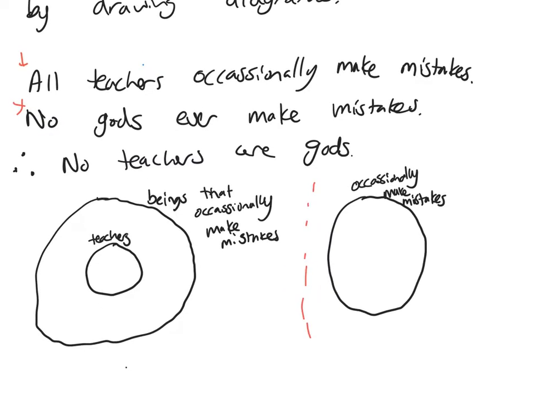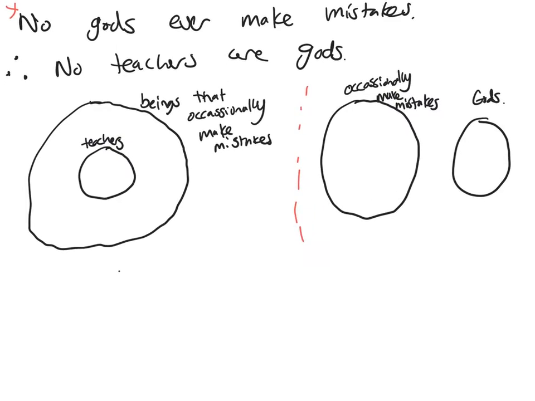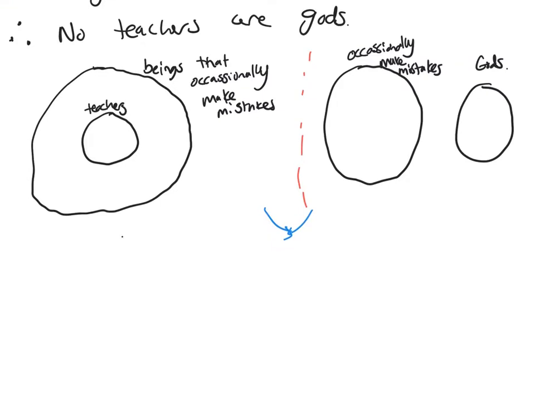Gods are outside of that circle. So here's a circle representing all gods. And so then we combine those two pictures together. And sometimes there's only one way to combine them, or multiple ways, but here there's only one way to combine them. And I get the following picture.